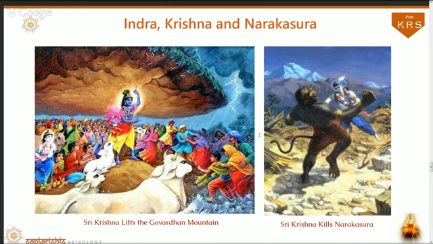He protects the people, and for 7 days Indra tries, but then he realizes Krishna is God supreme. How can you even win over him? He comes and apologizes to Krishna, a young lad. So that is the story of Govardhan mountain, of protection, and Indra. Indra's ego was put to rest.